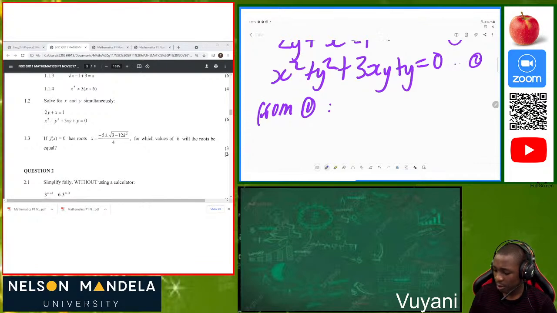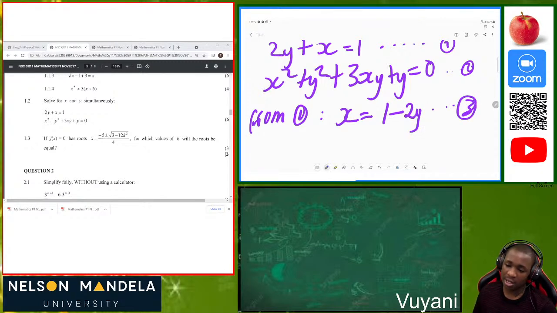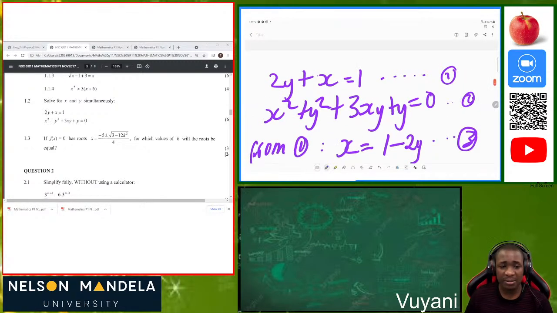So from equation number 1, in this case, we're going to make x the subject of the formula. So our x will be equal to 1 minus 2y. Then this will be our equation number 3. So first thing, when you're solving a simultaneous equation, look for the linear one. Formulate equation 3 so that you can substitute in the other equation, because these questions always give you x squared plus y squared.